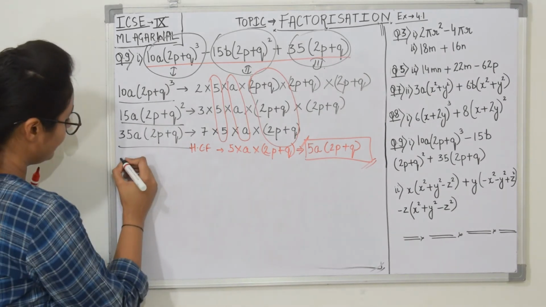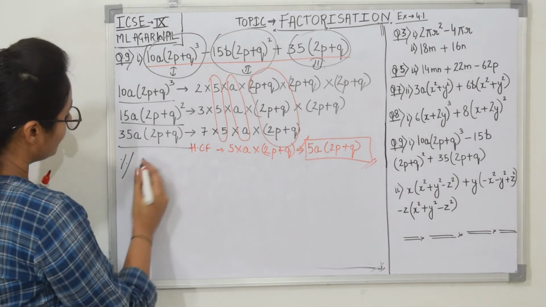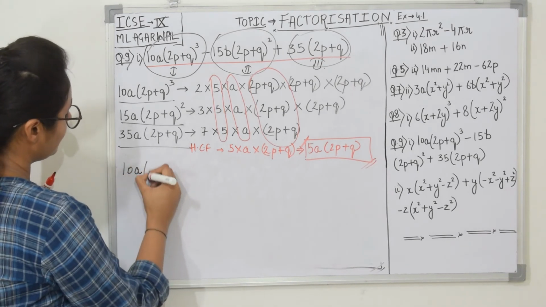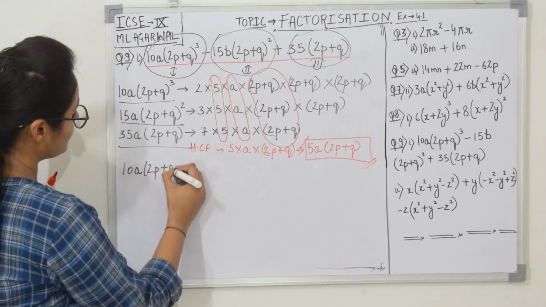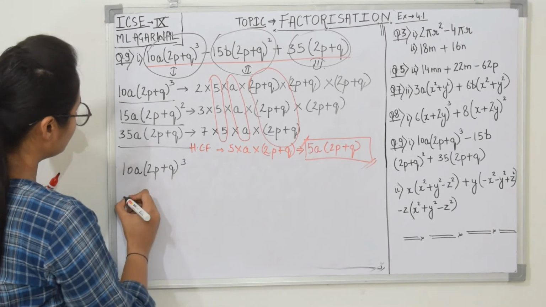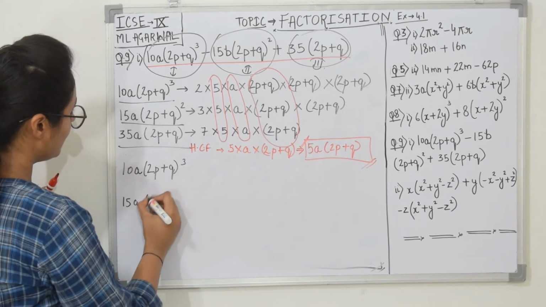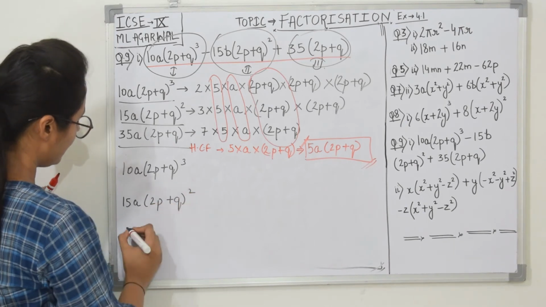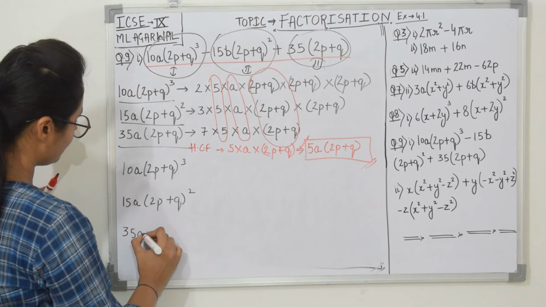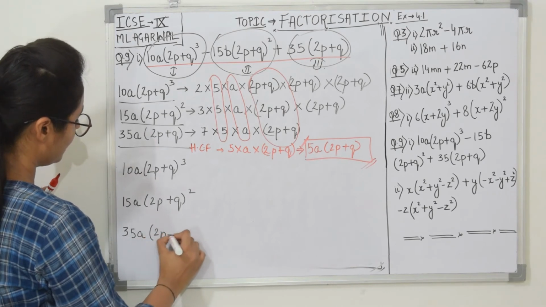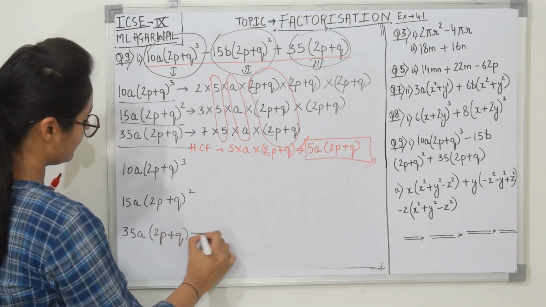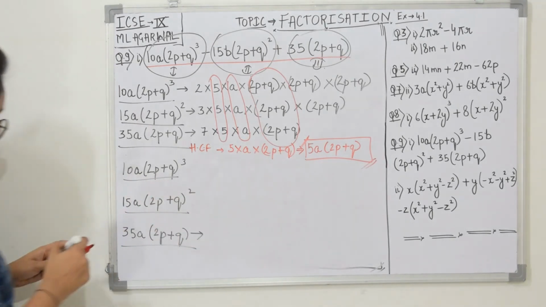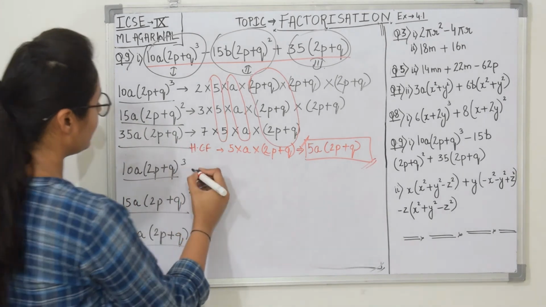Now dividing term. Dividing term is going to give us 10a 2p plus q whole cube, 15a 2p plus q whole square, and 35a 2p plus q. So what you are going to get after dividing? It's by HCF.